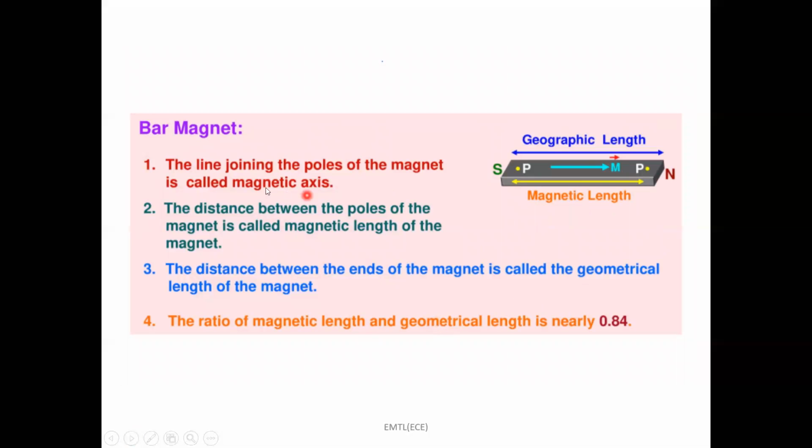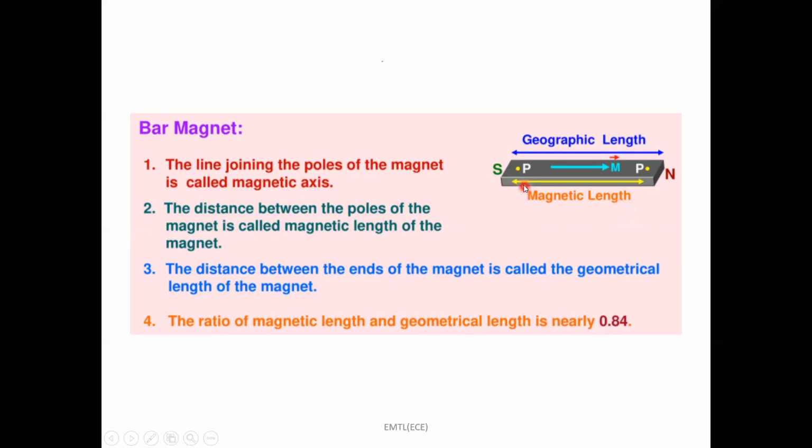And next we discuss the basic definitions of what is a dipole, what is a bar magnet and dipole moment. As we already know from our lower section, once again I discuss what is a bar magnet. The line joining the poles, the south and the north, is called the magnetic axis. The distance between the two poles is called the magnetic length of the magnet.